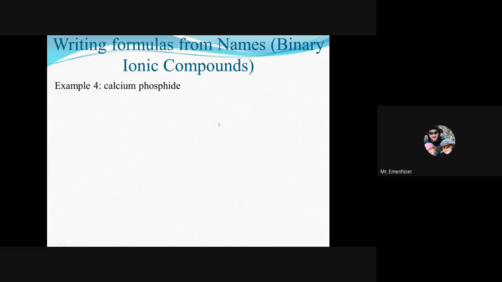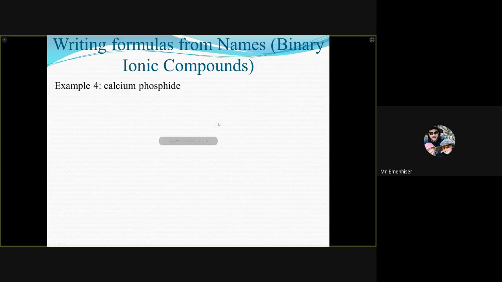Calcium phosphide. Calcium is in group 2, so it is a +2. Phosphorus is in the nitrogen family, so it's a -3. This one, it's extremely useful to do the cross trick, okay? Because you have 2 different numbers, and these are evens, right?